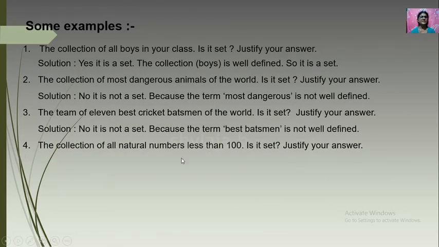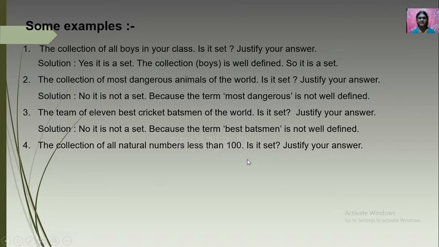Fourth question: is the collection of all natural numbers less than 100 a set? Justify your answer. Natural numbers means 1, 2, 3, 4, 5, 6, and so on. But here it is natural numbers less than 100.